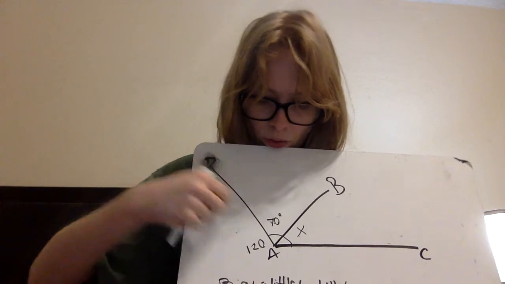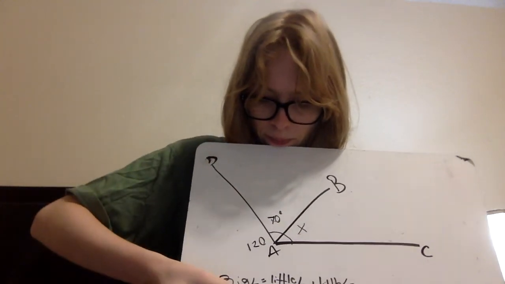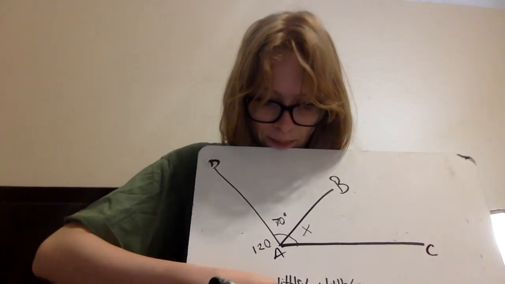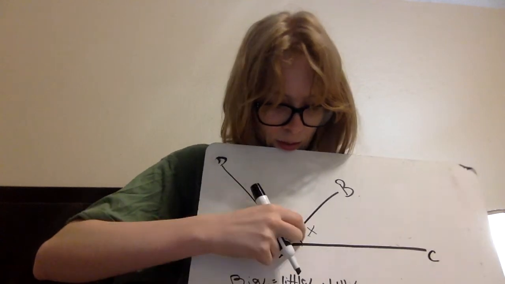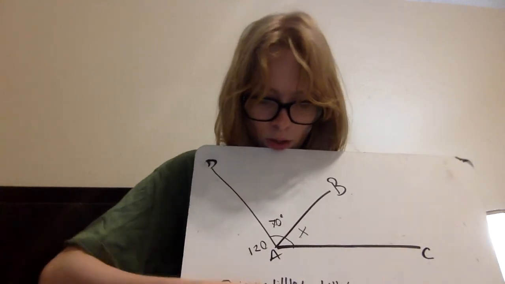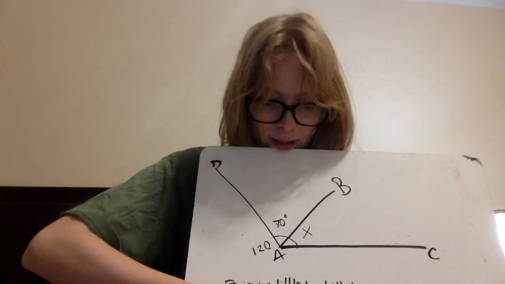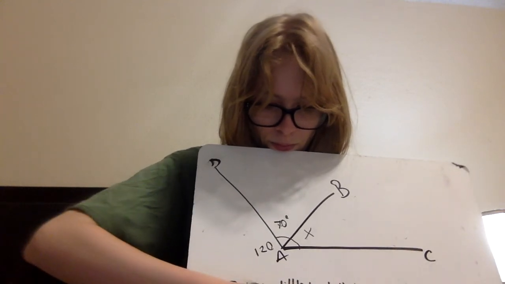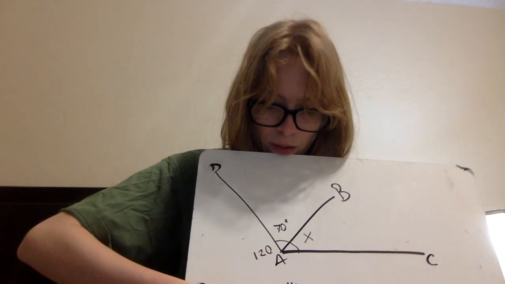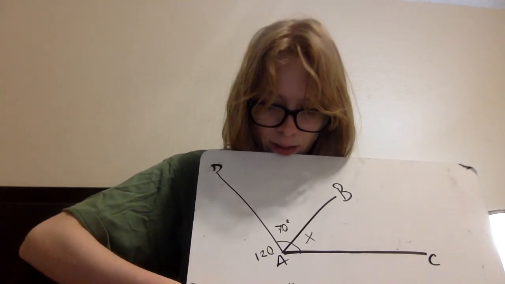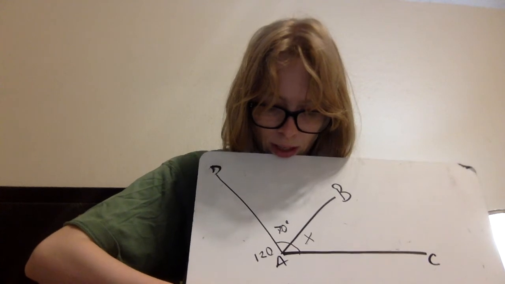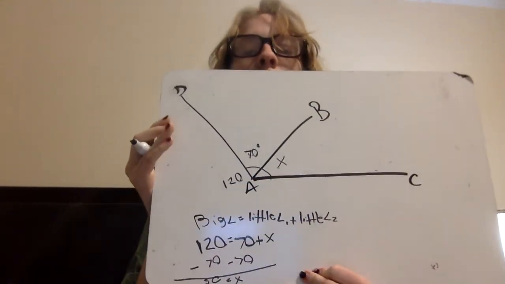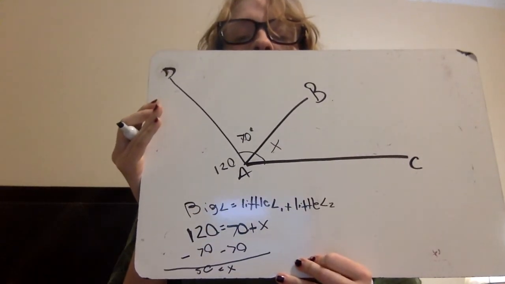So my big angle is 120 equals little angle 1, so 70, plus little angle 2 is an X. So we're going to do the opposite. We're going to subtract 70. 0 minus 0 is 0. 12 minus 7 is 5. So X equals 50 degrees. I'm going to freeze that there for a moment in case anybody needs to take a picture.